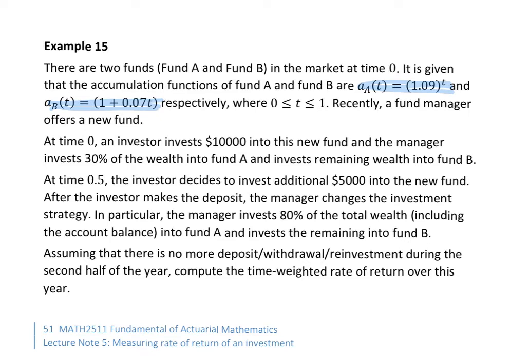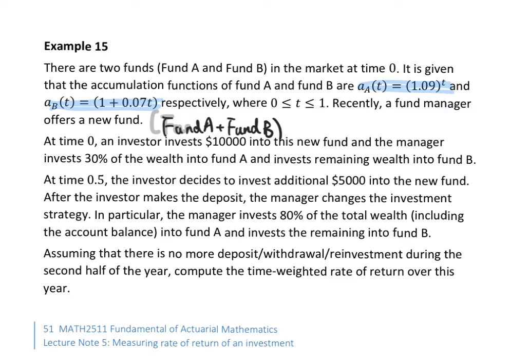In this problem, we will consider a scenario where a fund manager is going to offer a new fund, and this fund will be a combination of fund A and fund B. This is typically the case in real life, because usually an investment fund consists of different kinds of stock, funds or whatever.